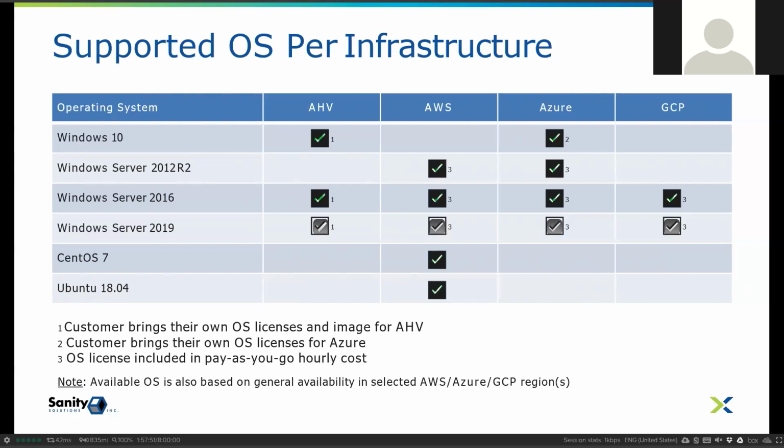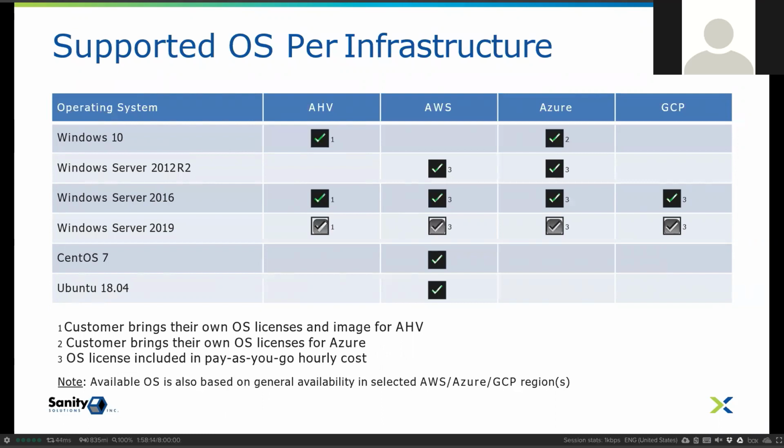So that's kind of a given, I suppose, but make sure we note that. And for Azure, you do bring your own license for Windows as well. And some of the other instances have options for OSs included as a pay-as-you-go, right? With AWS and Azure, those licenses are provided as part of the hourly cost of your server OSs.